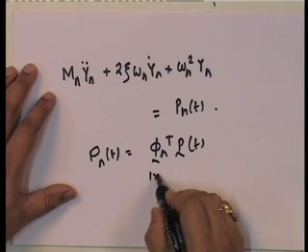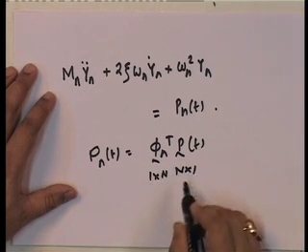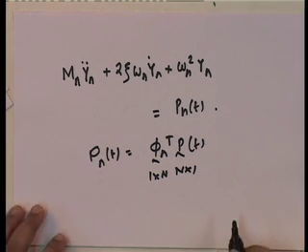Okay. This is 1 by n, this is n by 1, this is 1 by 1, a scalar.